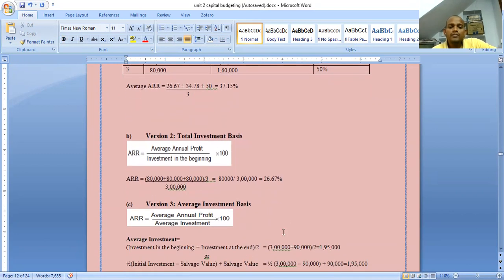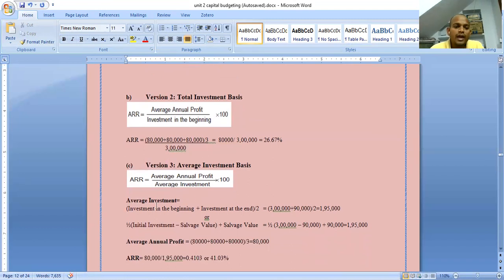So what if we consider average investment basis, average annual profits by average investments. So average investment calculation is different. We have to remember: investment in the beginning plus investment at the end divided by 2. So that is the average investment formula.